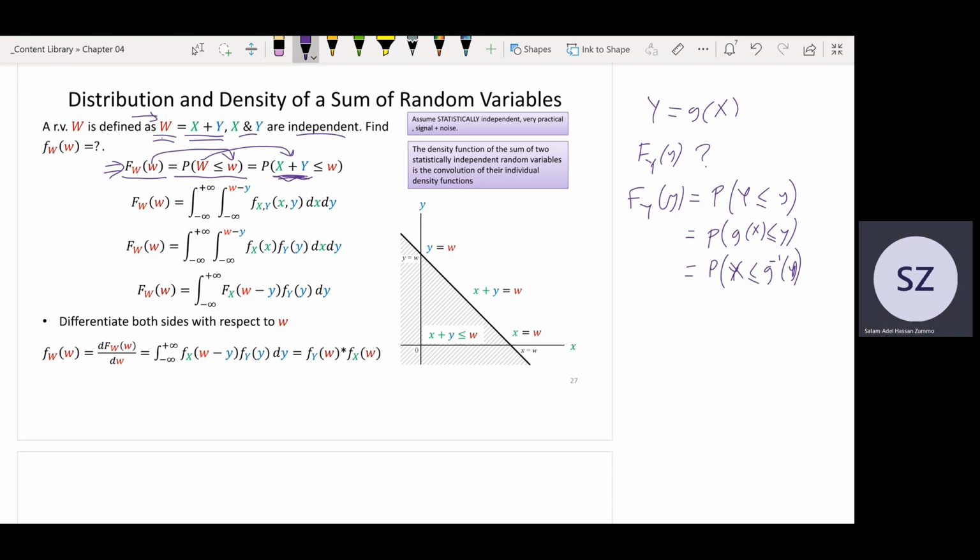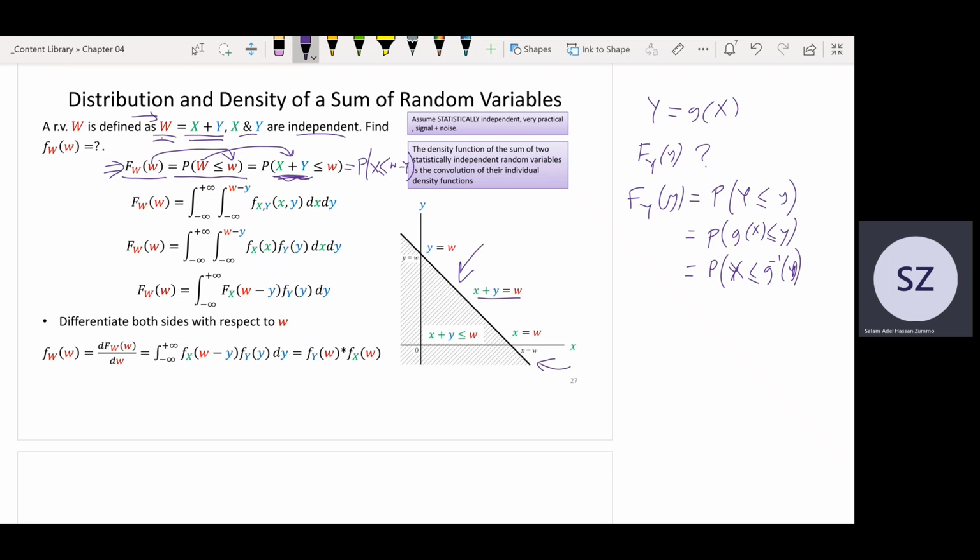This is the probability that, say, x is less than or equal to w minus y. So if we plot the line x equals w minus y, or the line x plus y equals w, it will look like this. This is the line x plus y equals w.